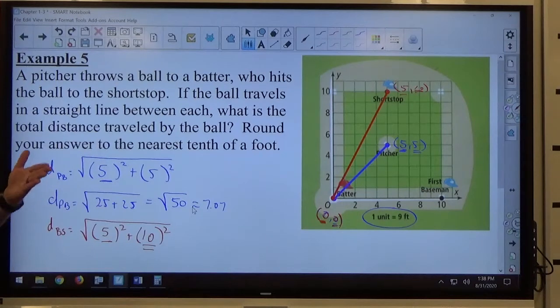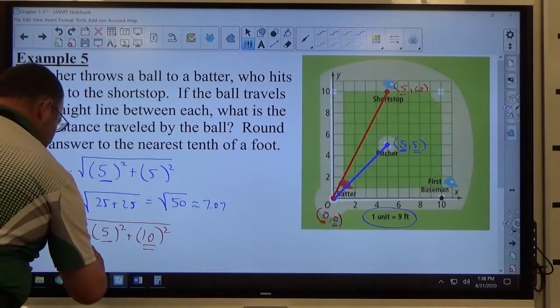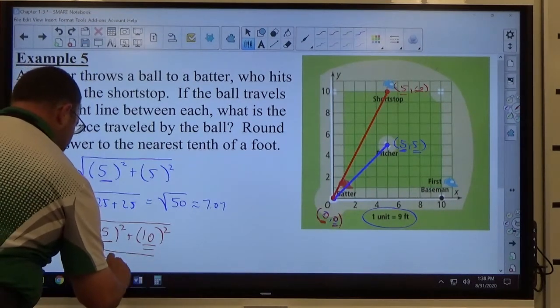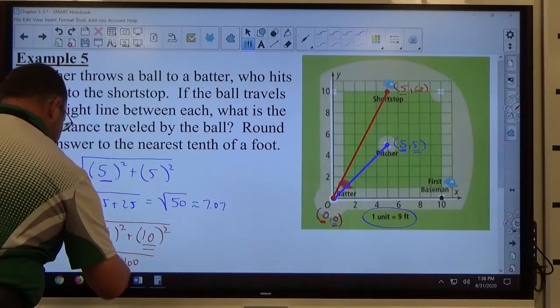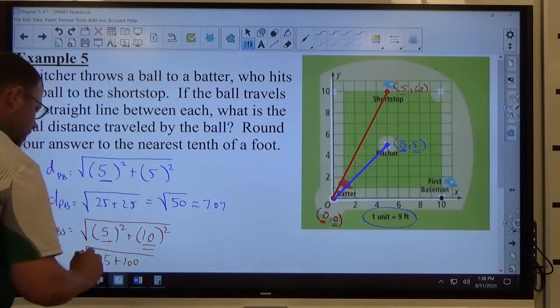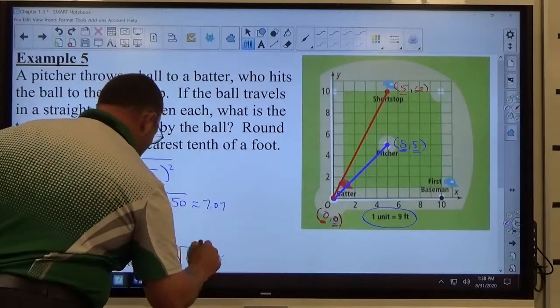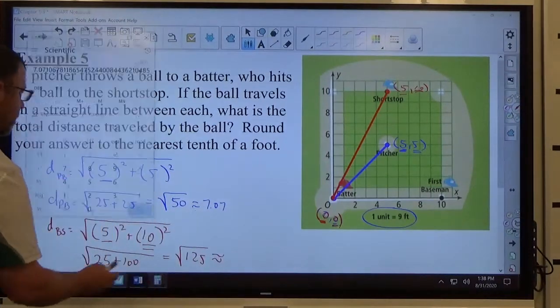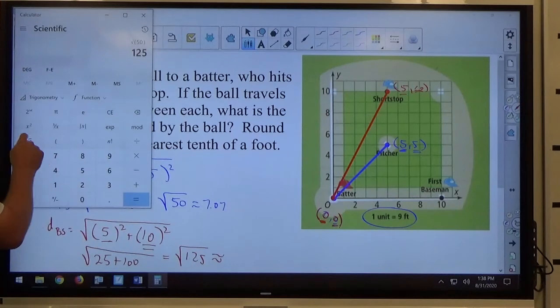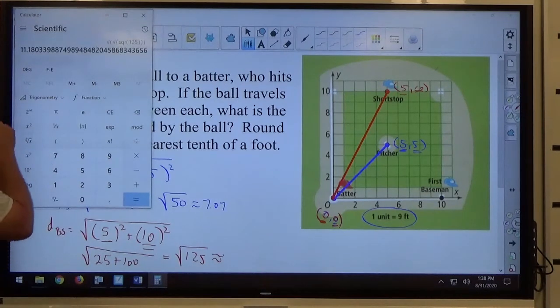So I simply fill in how far this is, how far that is. I square it first, 25 plus 100. That gets me the square root of 125, which is about, get our calculator back out, 11.18.